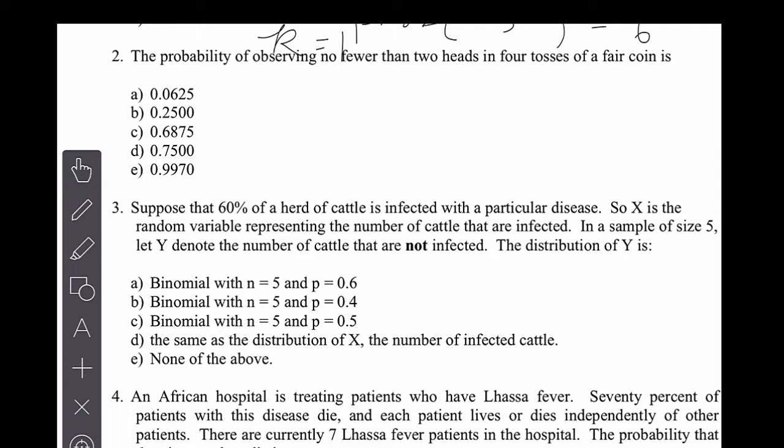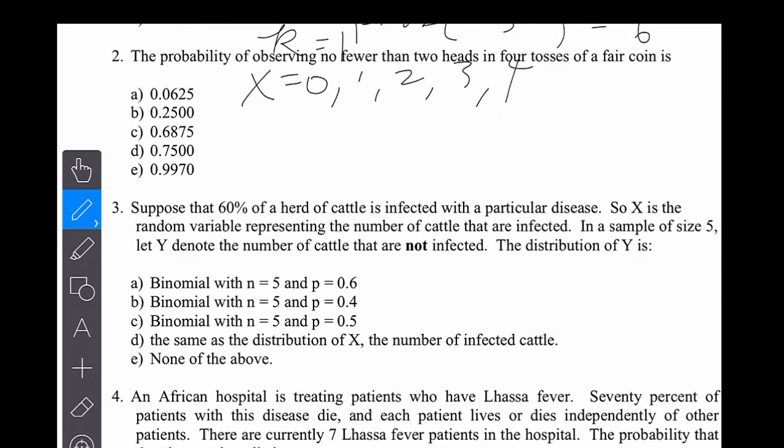In this case, X, the number of successes in n tries, is going to be the number of heads in 4 tosses. So we could get no heads, 1 head, 2 heads, 3 heads, or 4 heads.